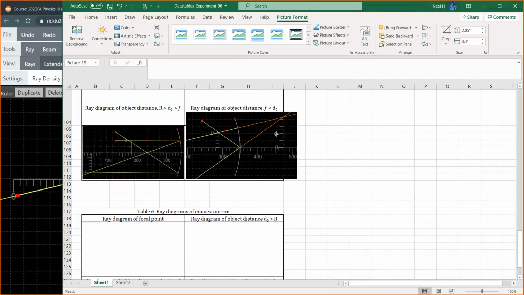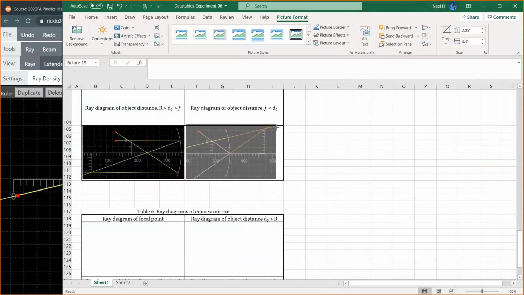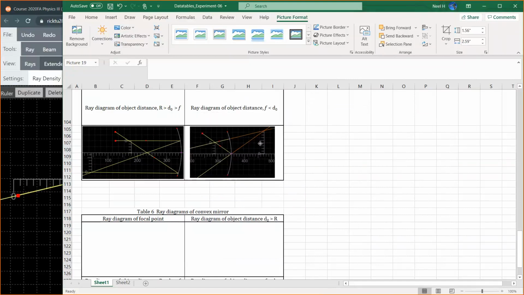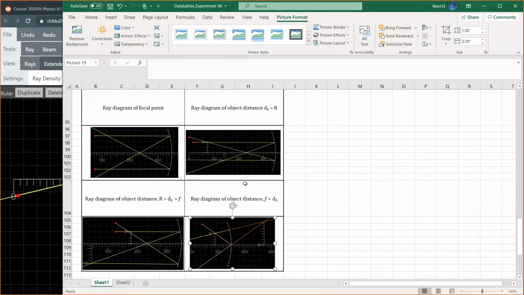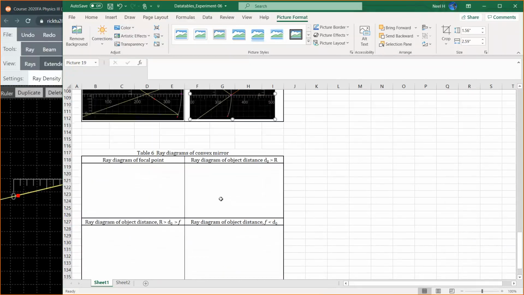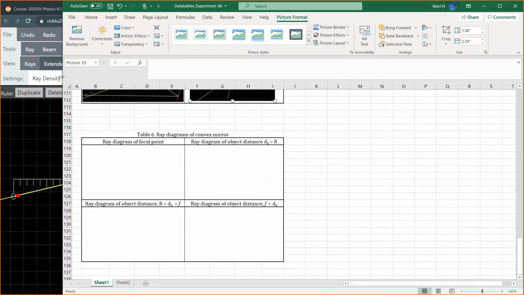Then make it a little bit smaller to match this area. All right, so we have all the ray diagram images we needed for the concave, and all we have to do is the same thing for the convex. Okay, then we're done.